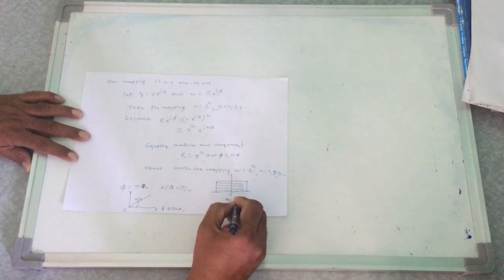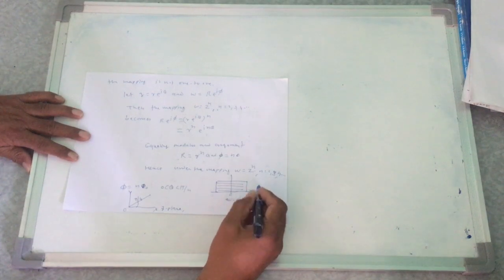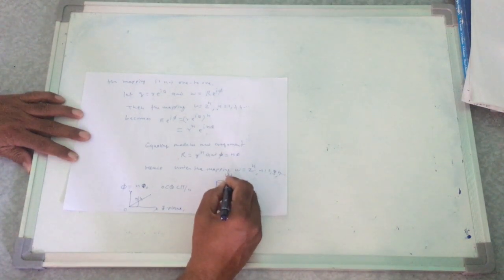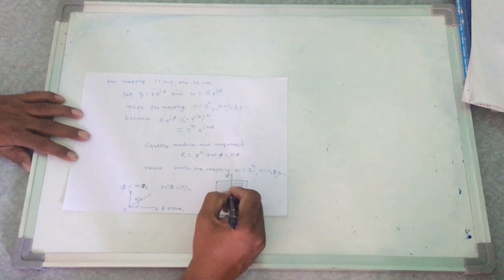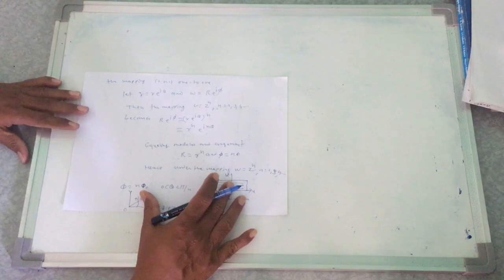This is the w plane, this is u, this is v. Okay, these two figures we have shown.